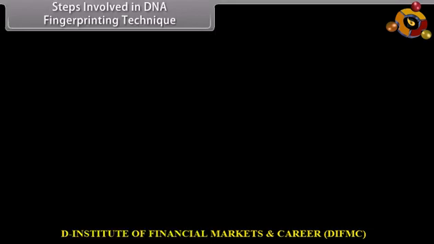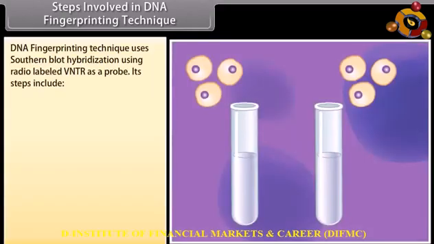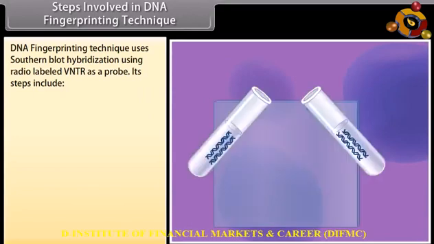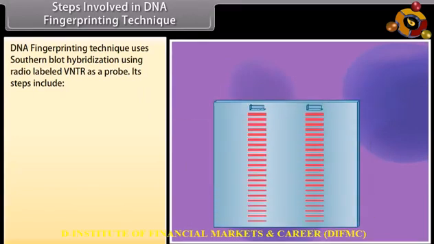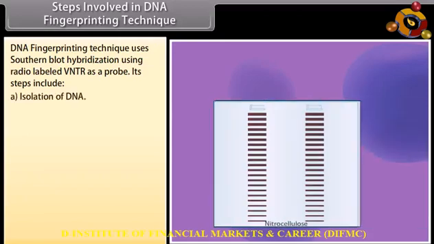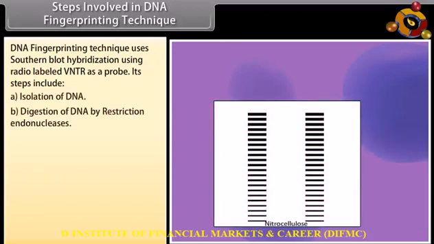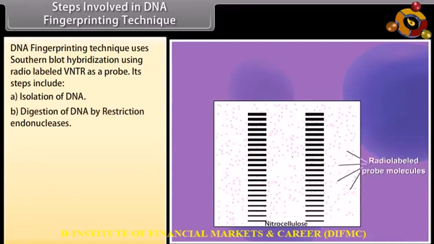Steps involved in DNA fingerprinting technique. DNA fingerprinting technique uses Southern blot hybridization using radio-labeled VNTR as a probe. Its steps include: A. Isolation of DNA. B. Digestion of DNA by restriction endonucleases.